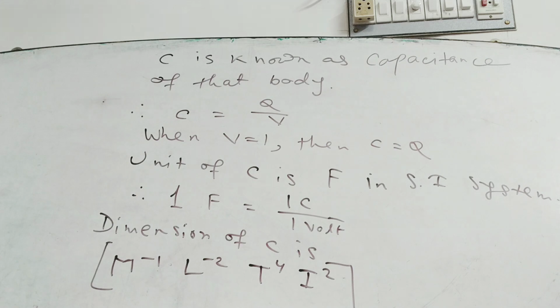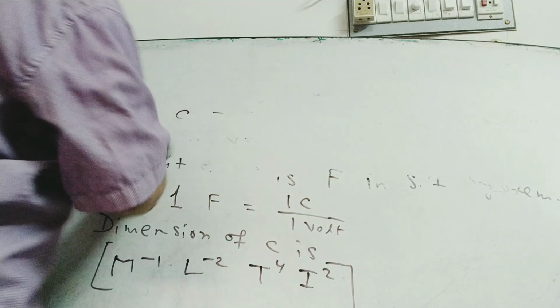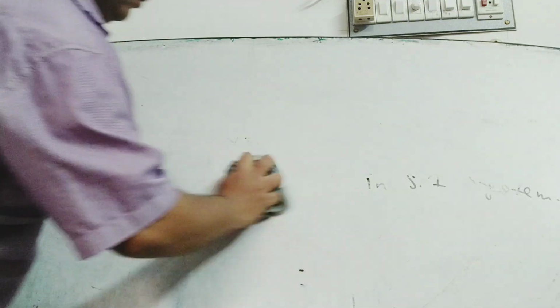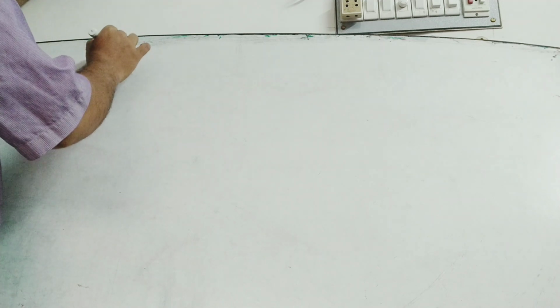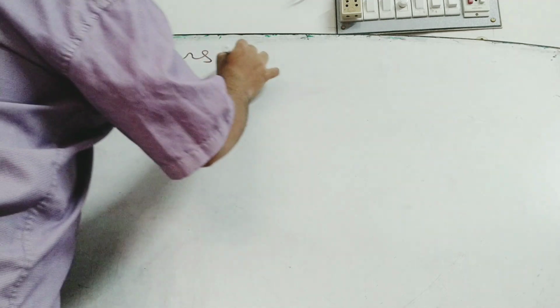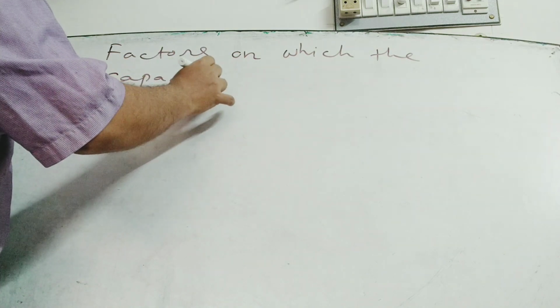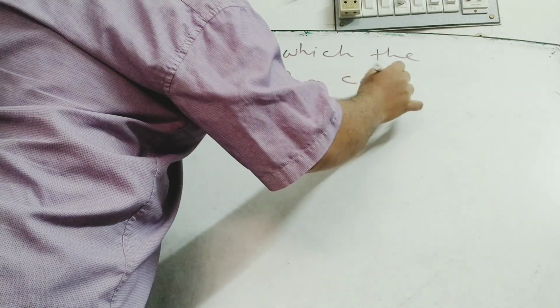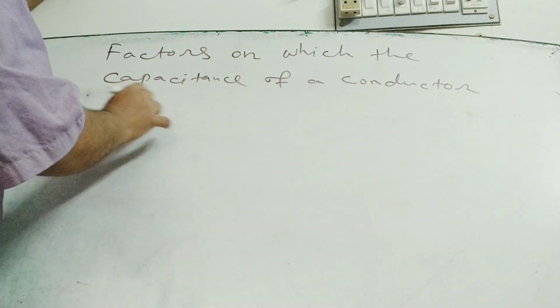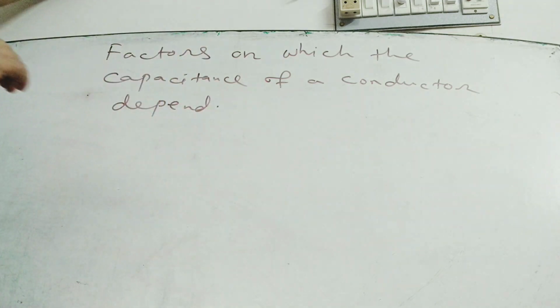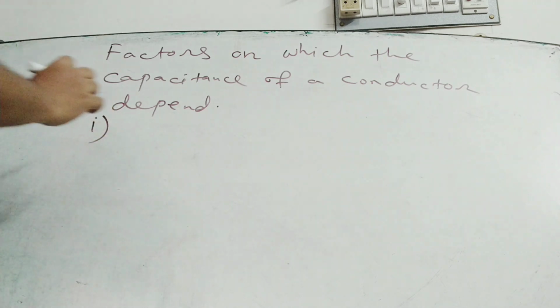Now, on which factors does the capacitance of a conductor depend? First, the surface area of the body.